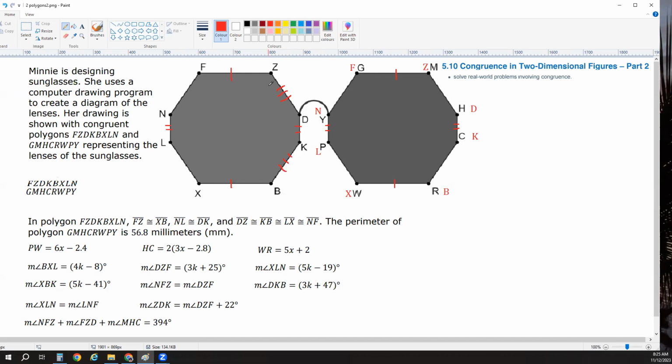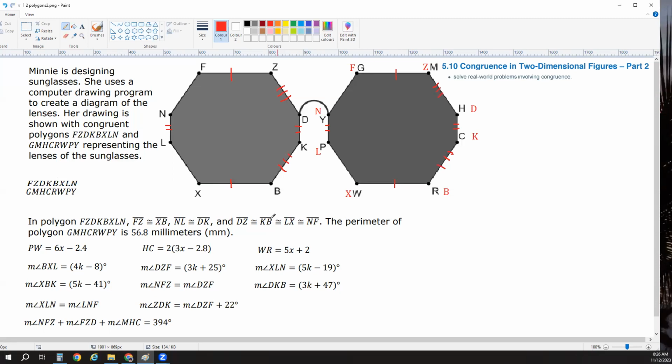Which one is ZD's opposite? ZD is right here, so it's 1, 2, 3. Which is KB's opposite? This one right here, 1, 2, 3, because these are the congruent segments of those congruent polygons. Cool.